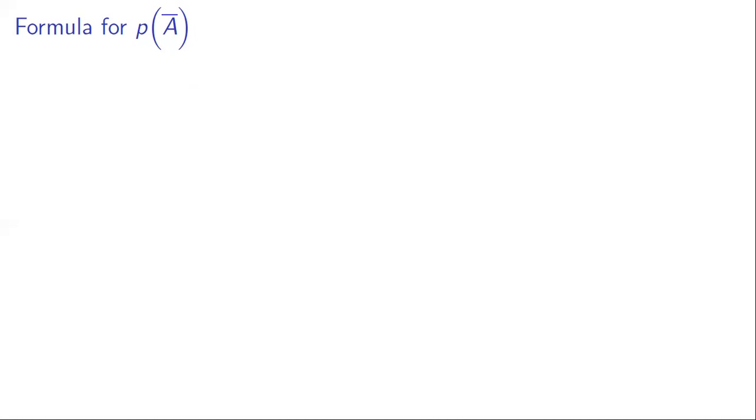So probability of a complement. We're again going to use the things we already know to figure out this formula. I'm assuming that all outcomes are equally likely, even though that's not always going to be the case.